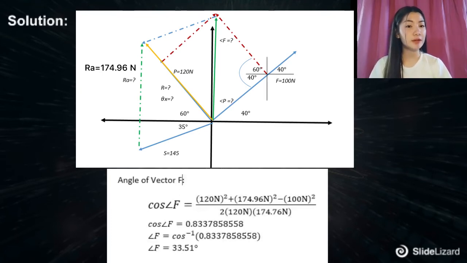The answer is 0.833785858. And to get the real answer, you need to press shift cosine and 0.833785858 is equal to 33.51 degrees.